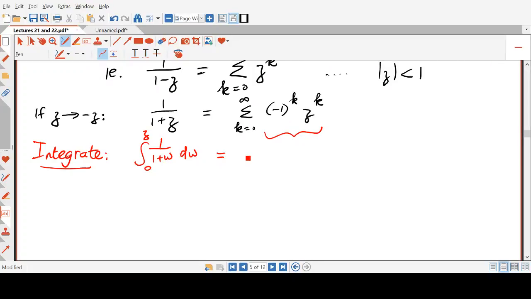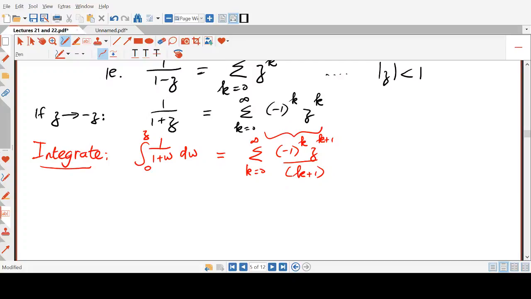You can see this will be the sum of minus 1 to the k, z to the power k plus 1 over k plus 1, k plus 1 itself, not factorial yet, k equals 0 to infinity. If I integrate z to the k, it is z to the k plus 1 over k plus 1. That's a normal integral from first year. There are no factorials involved here.